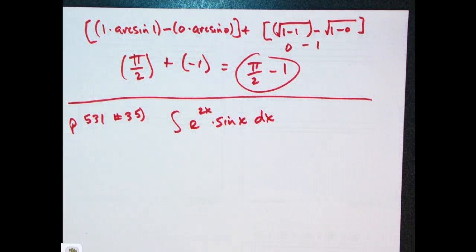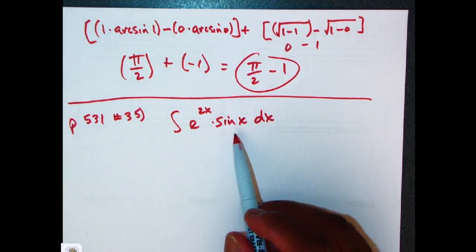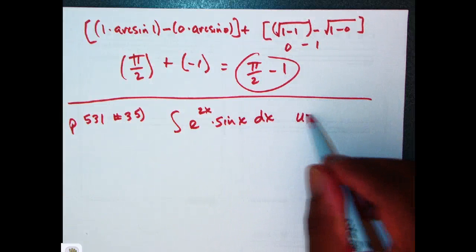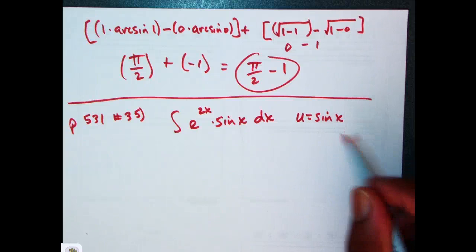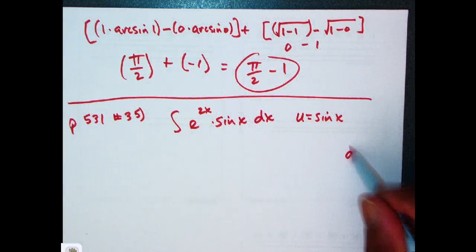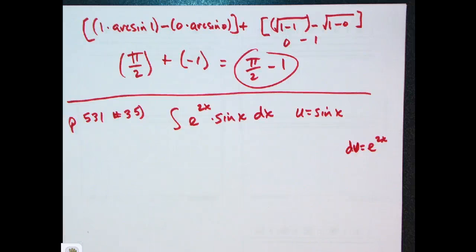So remembering our LIATE, we have an exponential and we have a trig. So trig comes before exponential, so our u is equal to sine of x, and our dv is e to the 2x. So if u is sine of x, then du is cosine of x dx.